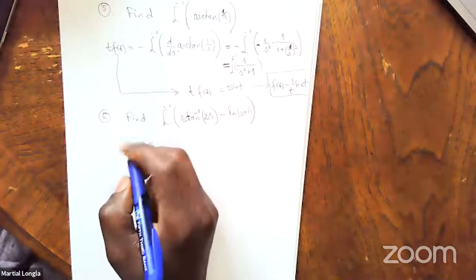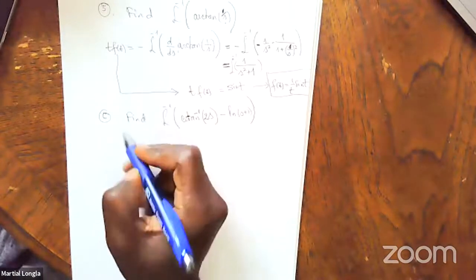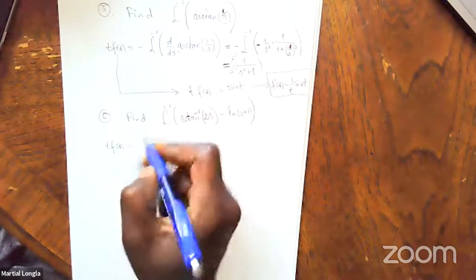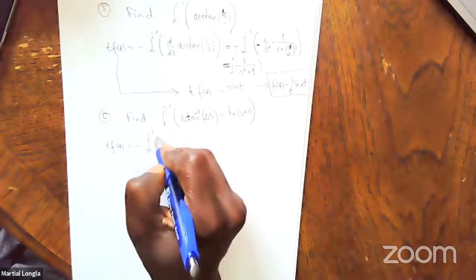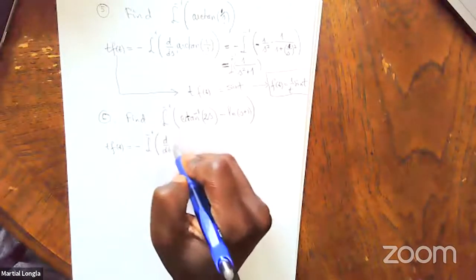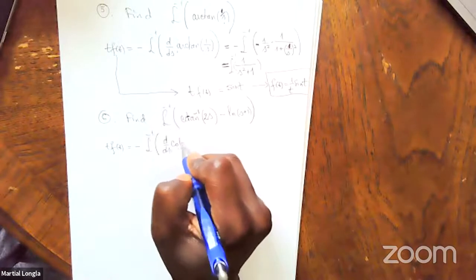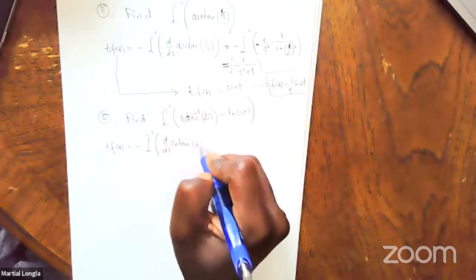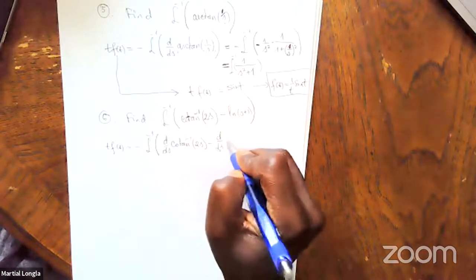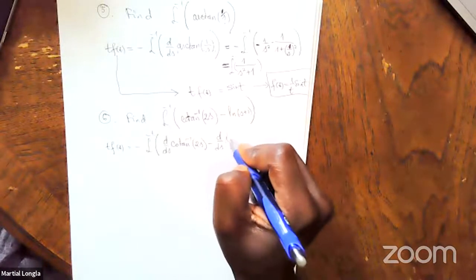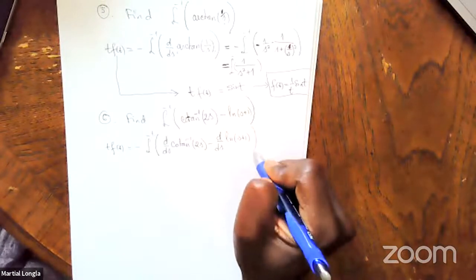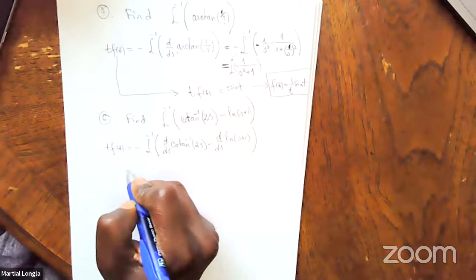Okay, so you're going to end up with negative inverse Laplace, d over ds, of cotangent to the negative first of 2s, minus the natural log of s plus 1.